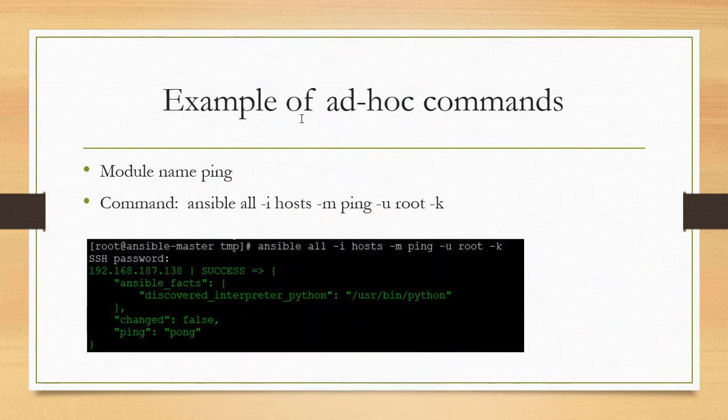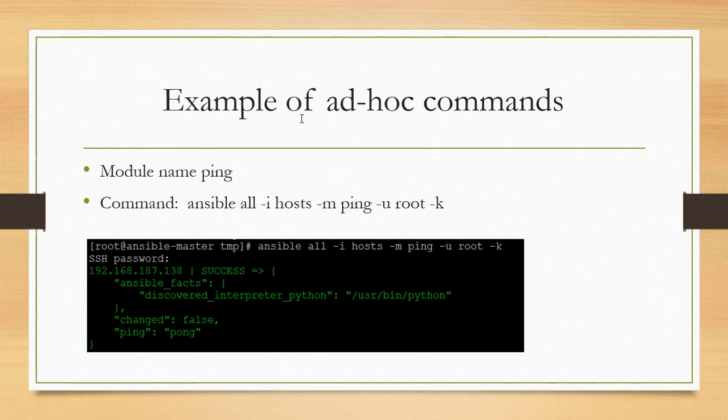So for an example of ad-hoc commands, there is one module. If you remember, I told you about the modules. So let's give one example. The module name is ping, and how do we use it? What is the command? The command is ansible all -i for inventory, and you give the name of your inventory hosts.